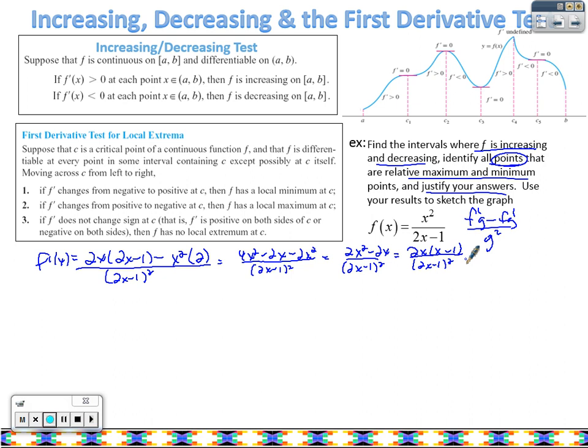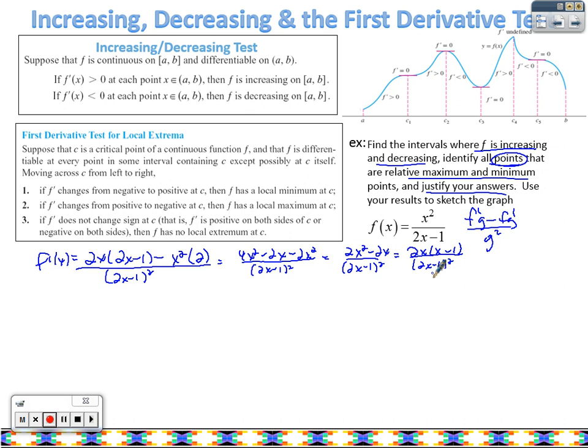Alright. So I need to find the zeros and the undefines. To find the zeros, I'm going to set the numerator equal to 0. For some reason, that really troubles students, for me to ignore the denominator. I'm not ignoring the denominator, because I really don't care what the denominator is as long as it's not 0, right? Because 0 over a million is still 0.